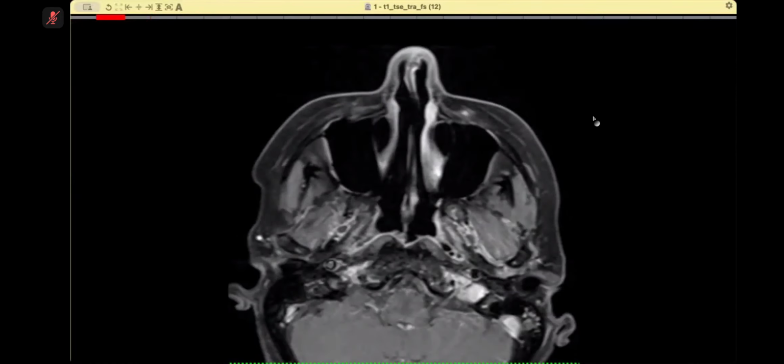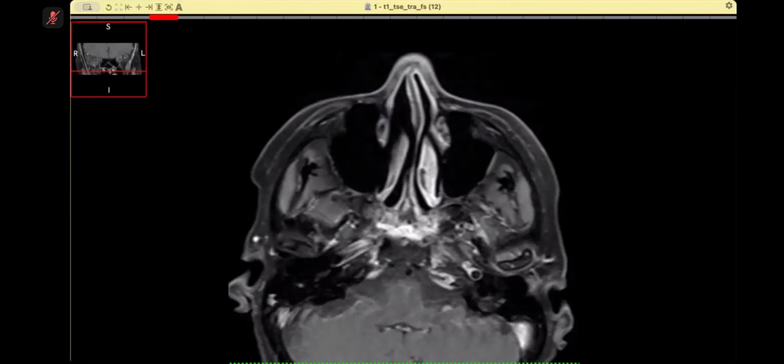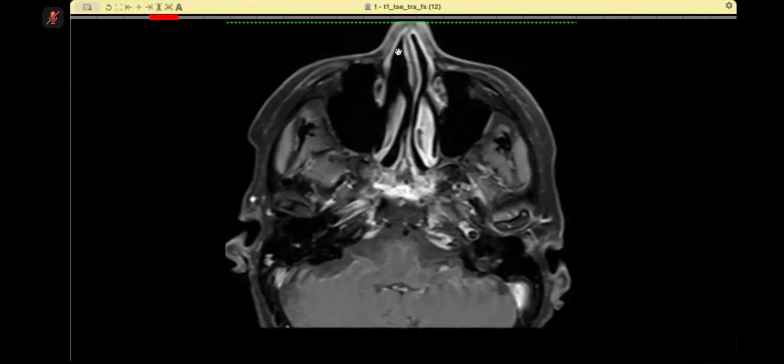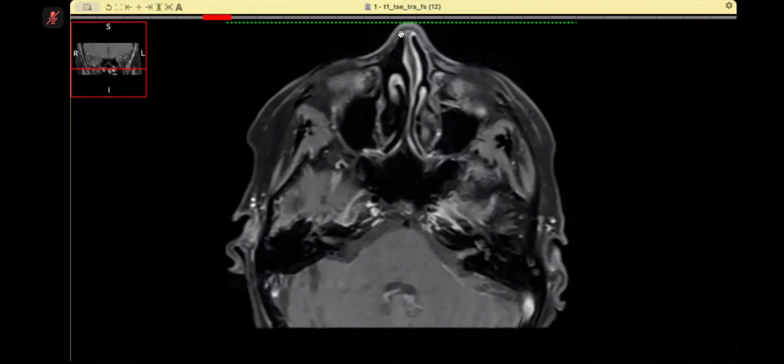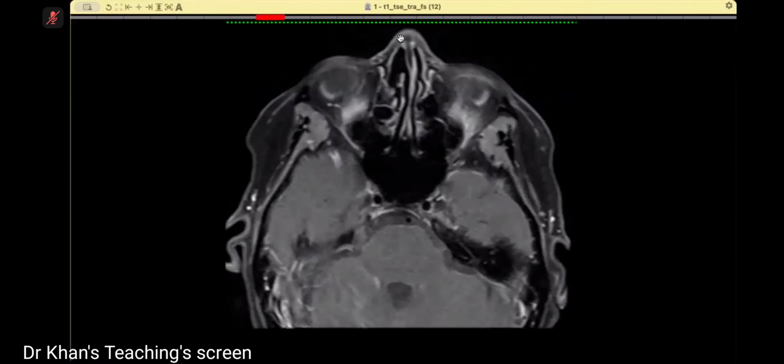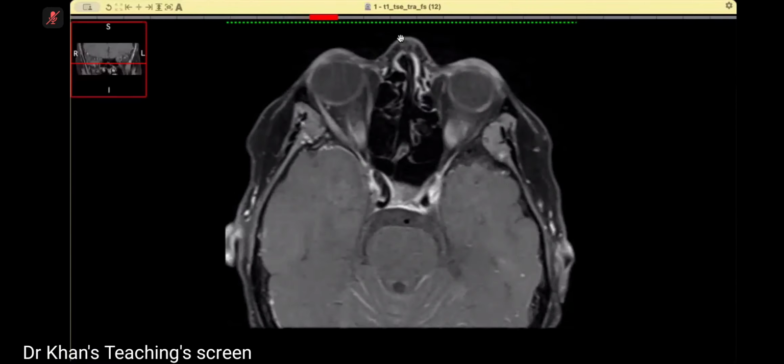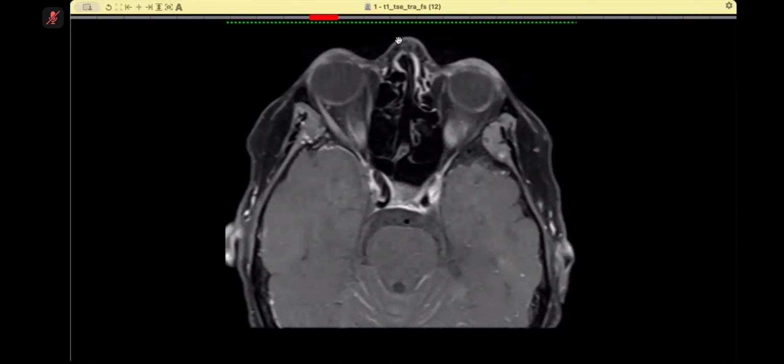So I've gone to the level of the medulla. I'm coming superiorly. Maybe I should shift it slightly anteriorly. Anything on this slice?